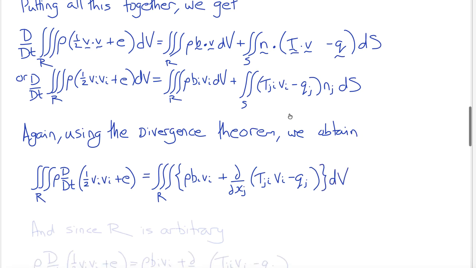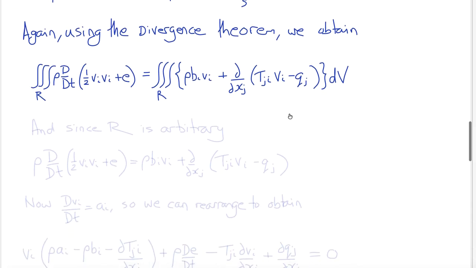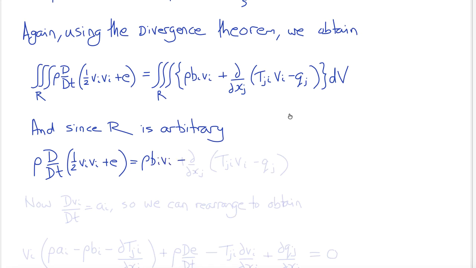And now again, since the region R is arbitrary and the equations must hold for any and all regions R, then the integrands themselves must be satisfied, and therefore rho times the material derivative of 1/2 Vi Vi plus E equals rho Bi Vi plus del xj of Tji Vi minus Qj.